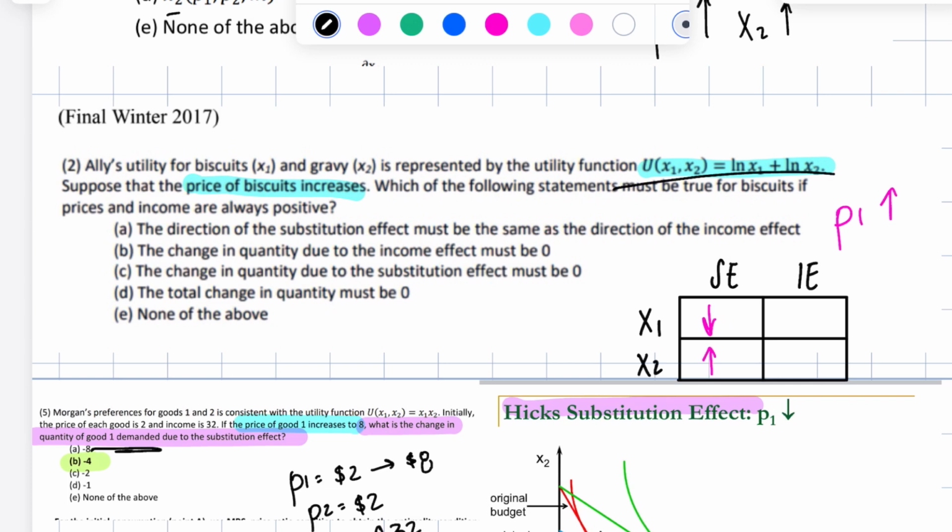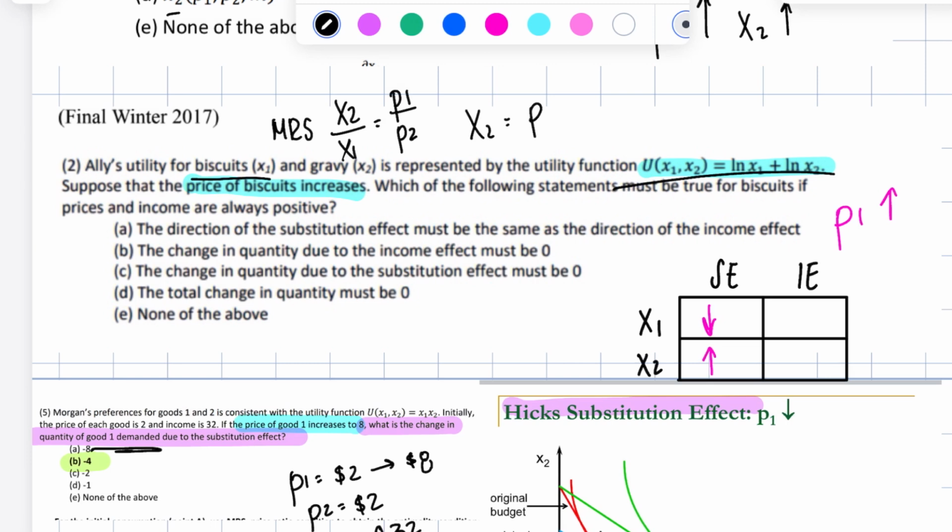So I'm going to do the MRS equals price ratio, which is going to be X2 over X1 for my MRS. And since we don't have a price ratio here, I'm just going to set it equal to P1 over P2. Since I'm looking to solve for biscuits X1, I'm going to plug this into my budget constraint by getting X2 alone.